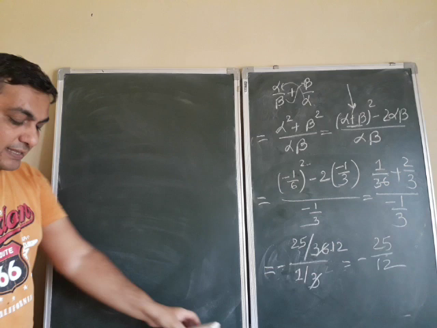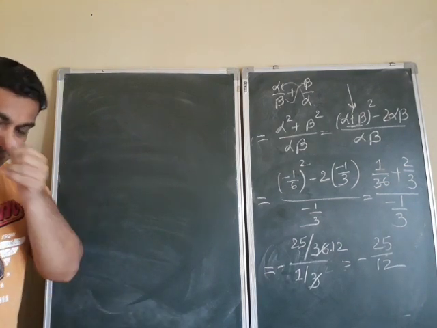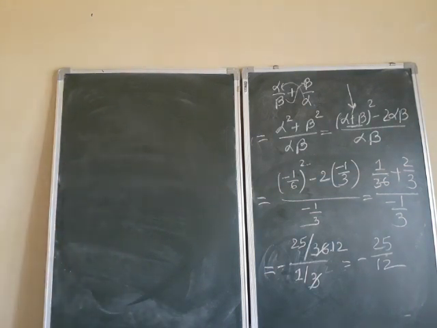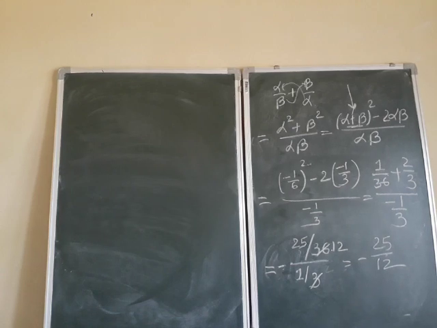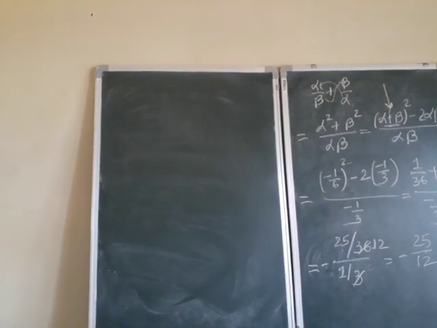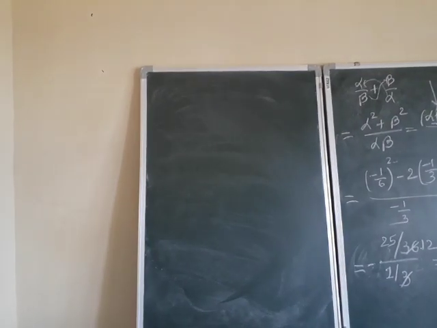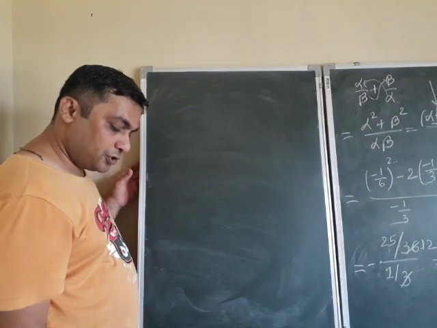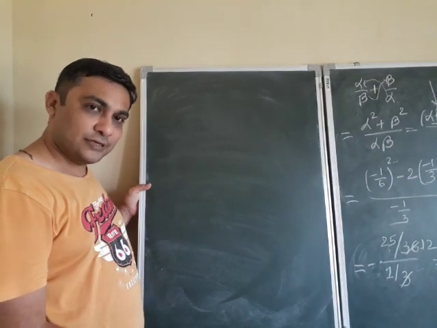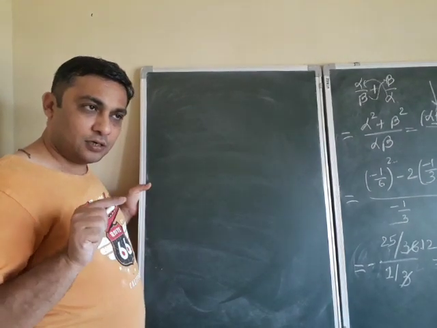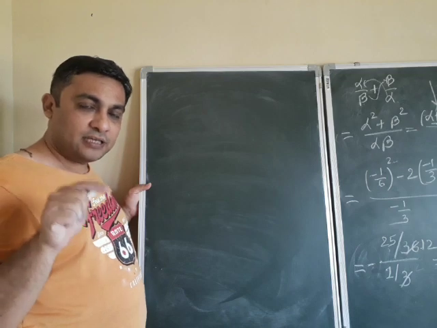See, let's read the example. If alpha and beta are the roots of the polynomial, if alpha and beta are the roots or zeros. Okay, let me read the data by keeping zeros.